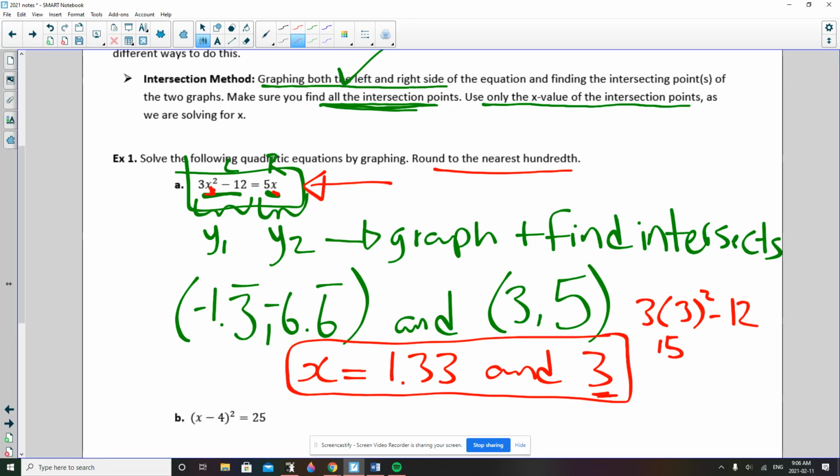And I want to know, does that equal 5x? Because 3x squared minus 12, we're trying to find out where that equals 5x. Well, 5 times 3 is also 15. So I know that that point works. And I could also go check my 1.33 if I wanted to.